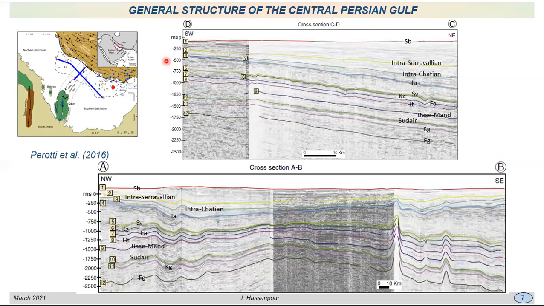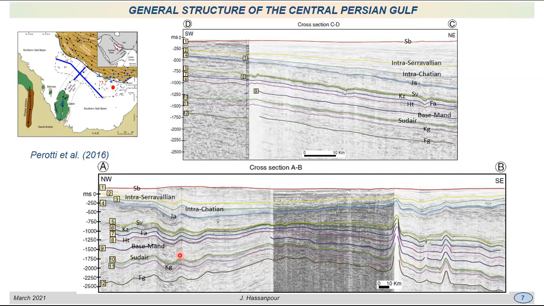In these few slides, I'm going to show you the general structure of the central and eastern part of the Persian Gulf. These two seismic lines show the general structure of the central Persian Gulf. As you can see, this part of the Persian Gulf is marked out by a mega regional basement high or paleo high, which is quite clear here in this part of the seismic line.